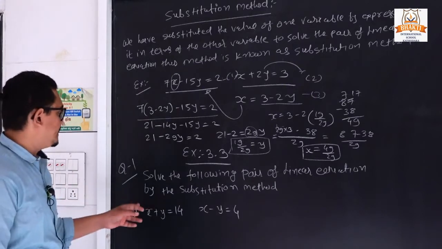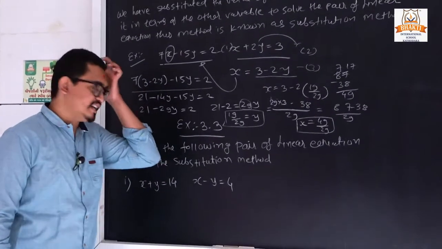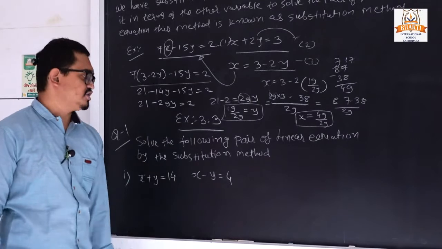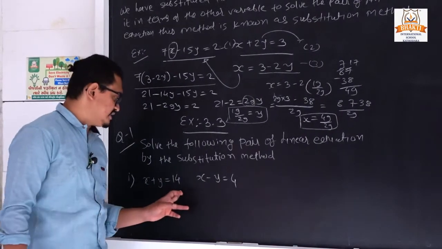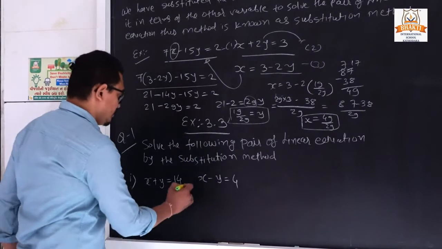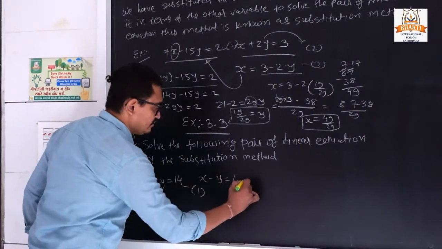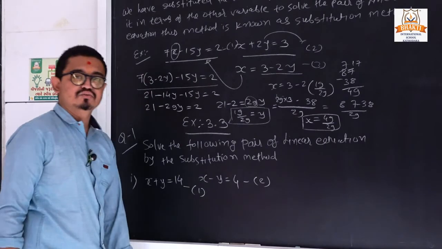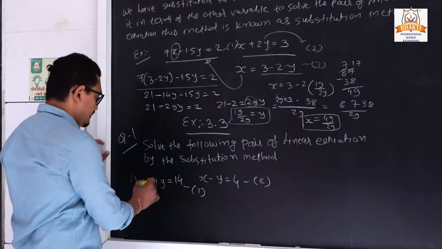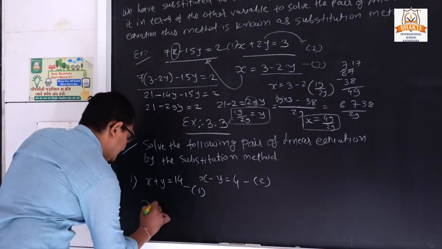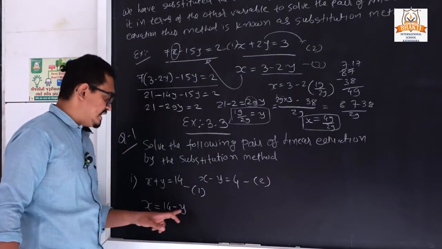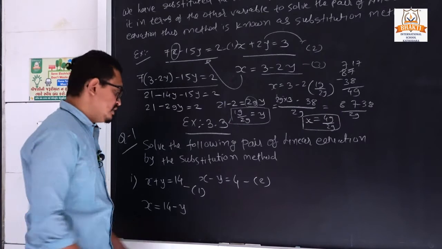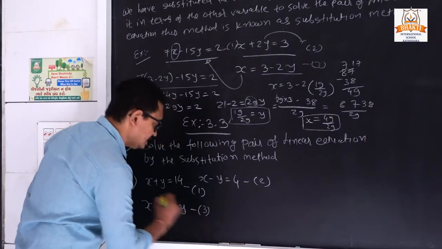In 3.3 question 1, solve the following linear equations by the substitution method. Here the first example is given, x plus y is equal to 14. First of all we declare it as equation 1, and this is our equation number 2. Now from the first we can write x is equal to 14 minus y, because this y is going to the second side, so it becomes minus. We declare it as our result number 3.